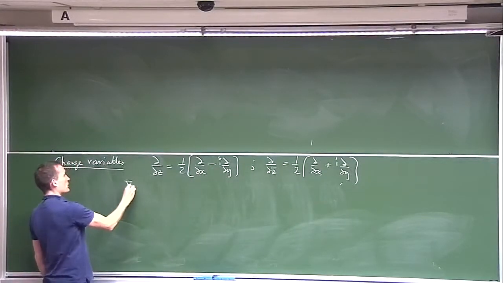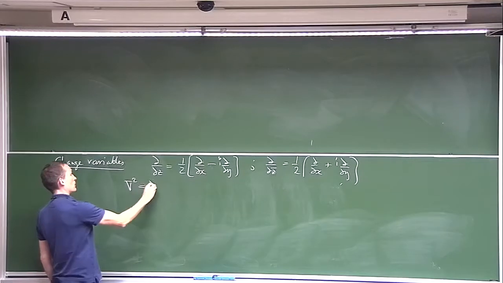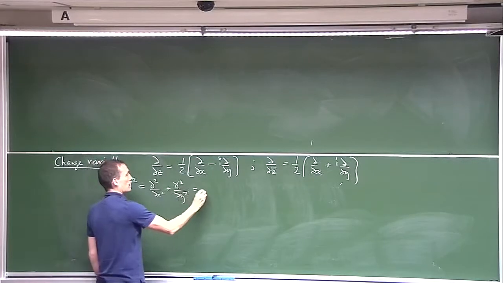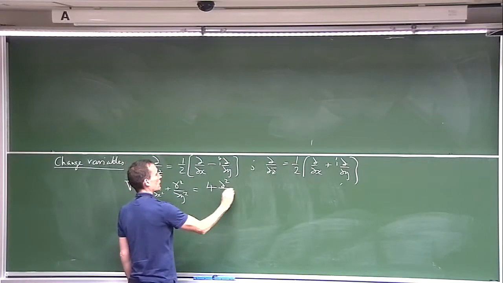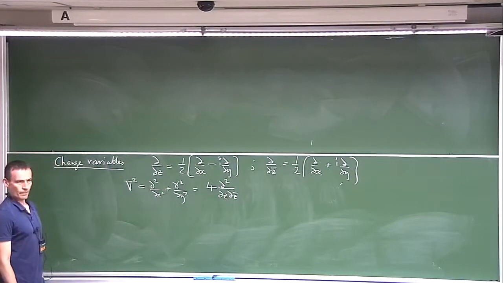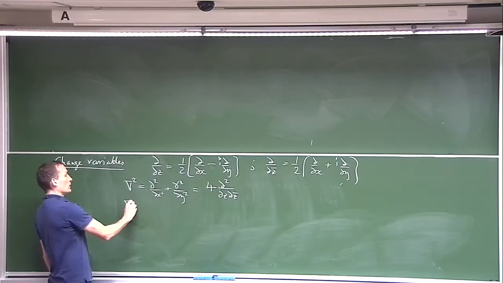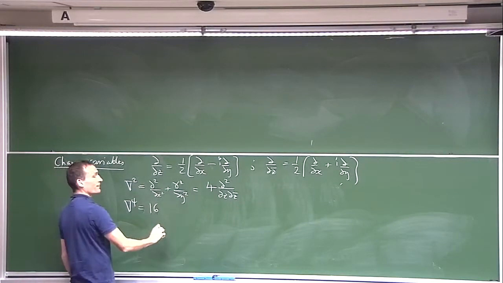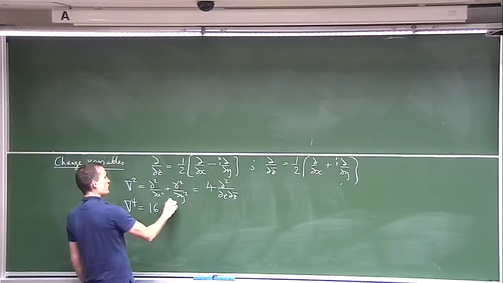So we notice that del squared is, of course, this, and we know that this is 4 d squared by dz dz bar. Okay? I did that last time. So clearly, del 4, which is where you compose this with itself, is 16 d4 by dz bar squared dz squared.